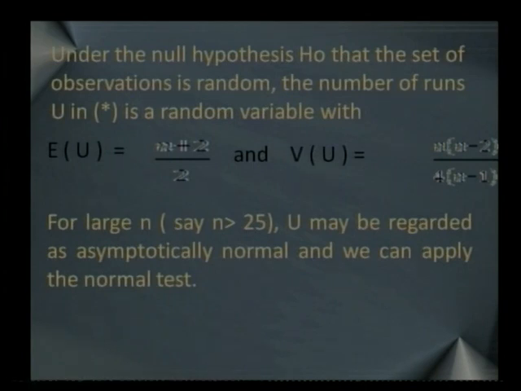Now under H0, with the same procedure, we can apply the normal test. For a large value of n, greater than or equal to 25 or so, we consider it to be normal. Under H0 the set of observations is normal, and the number of runs U is a random variable with expectation of U equal to (n plus 2) divided by 2, and variance of U equal to n(n plus 2) divided by 4(n minus 1), and we can apply the normal test.